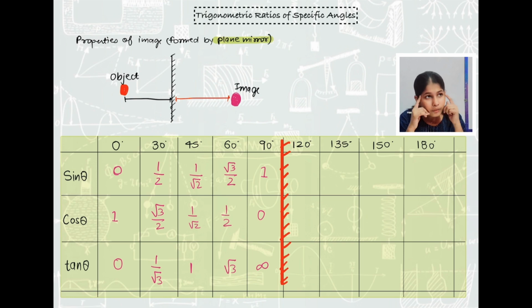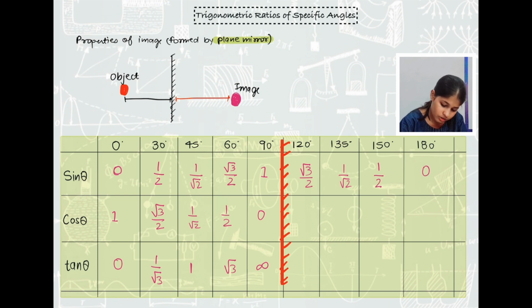You have to visualize in the mind what will happen if we place a plane mirror, then the value will be the same in the case of plane mirrors. Okay? The image formed by the plane mirror. Let's get the answer. It will be plus under root 3 by 2. ठीक है? फिर 45 degree 1 by under root 2. ठीक है? फिर यहाँ पे थर्ड नंबर पे 1 by 2.